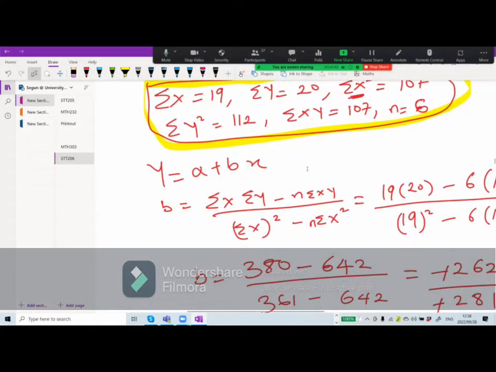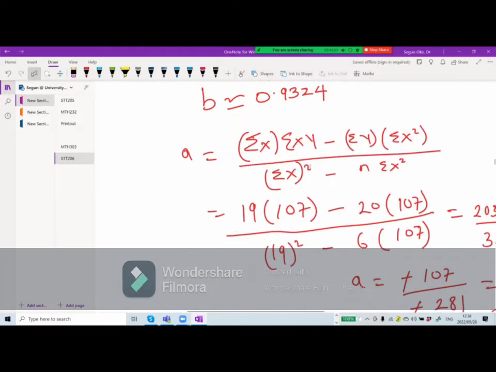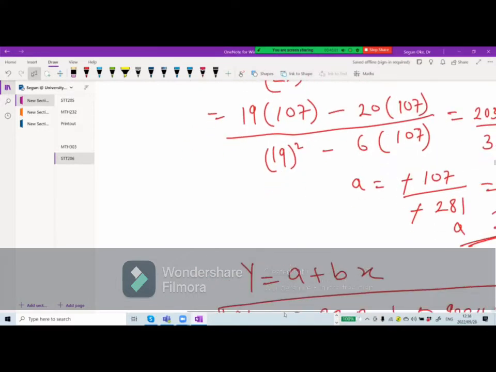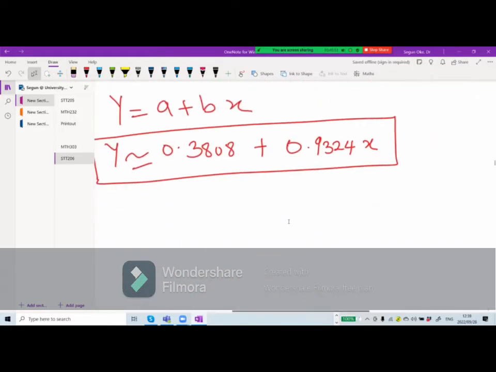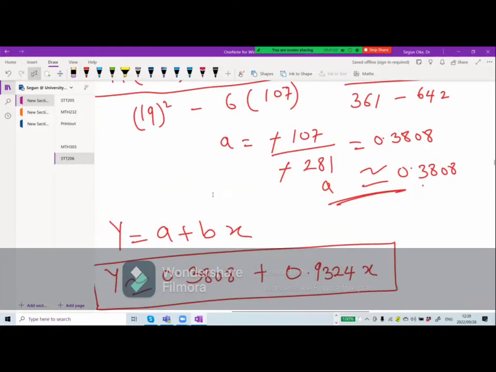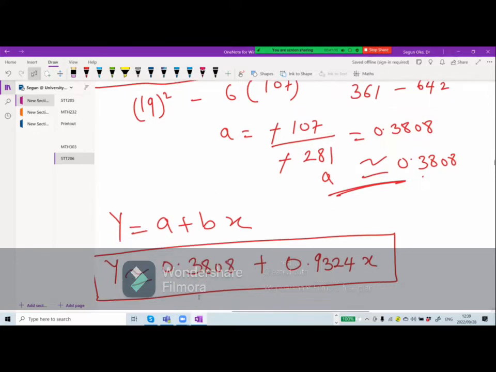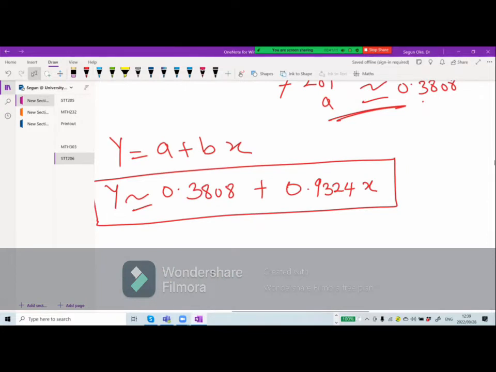So this particular model is 0.38 plus... Now, for example, you may want to interpolate, or predict what will happen for a particular x.